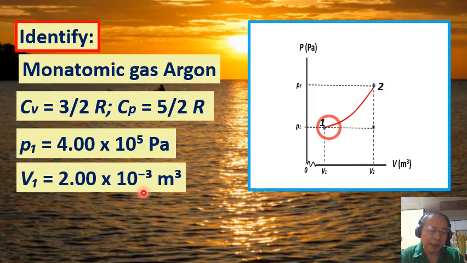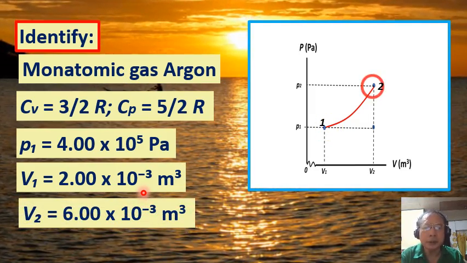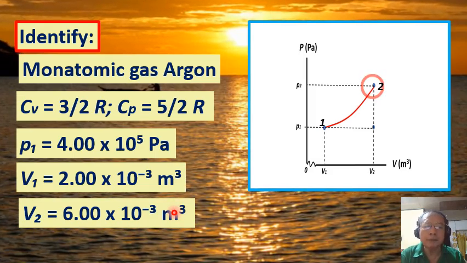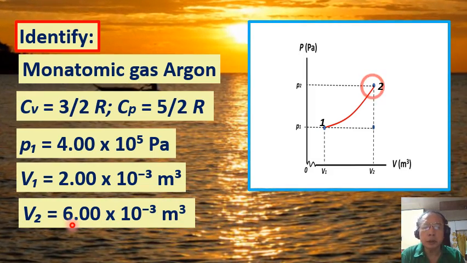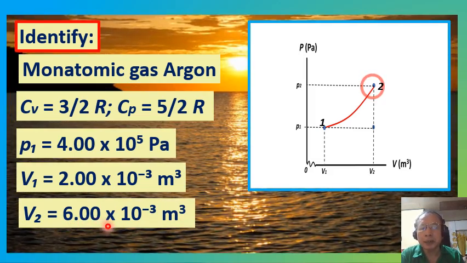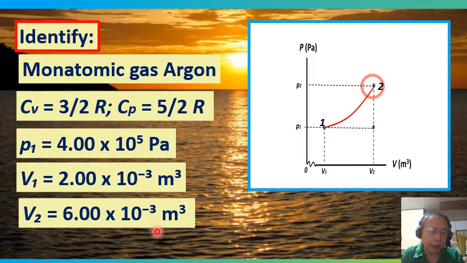The gas expands adiabatically to a final volume V sub 2 equal to 6.00 times 10 to the negative 3 meter cube.